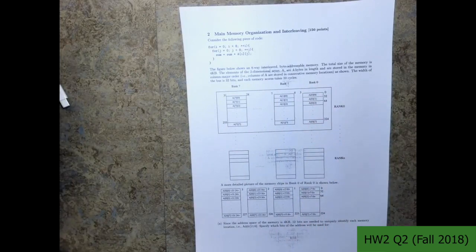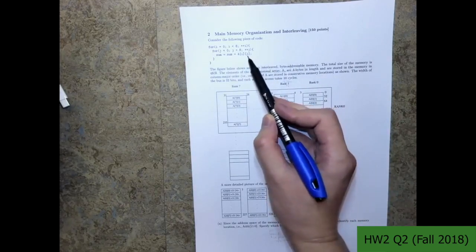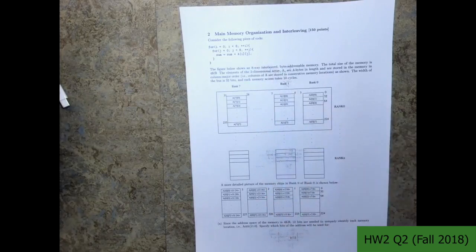Which means, in row major order, elements of a row are in consecutive memory addresses, right? In column major order, it's vice versa. Elements in the same column are in contiguous locations in the memory. So basically, since this inner loop iterates over the row elements first, you have some accesses that have strides in between, right?